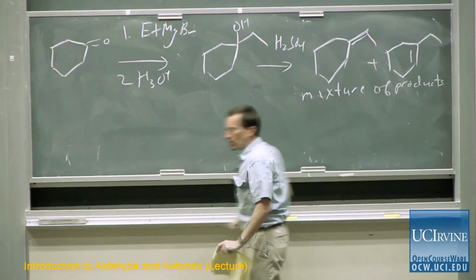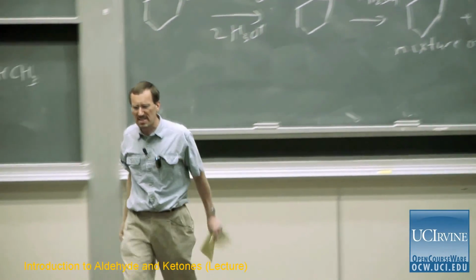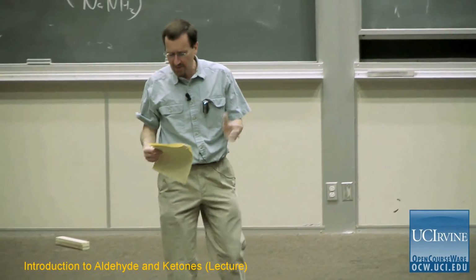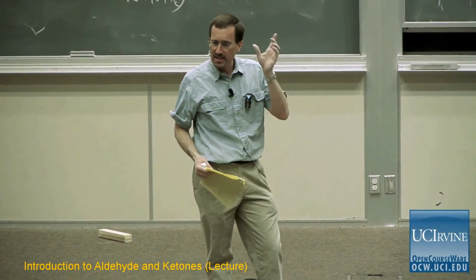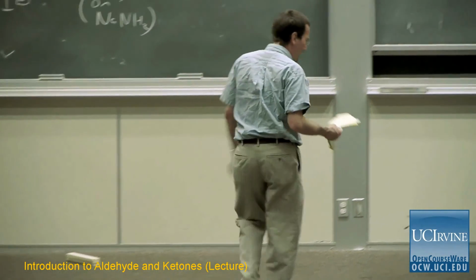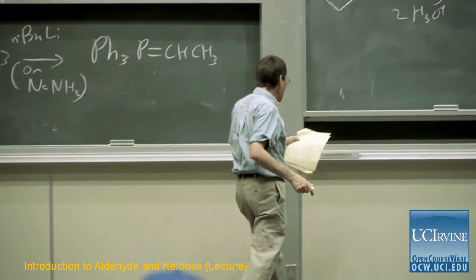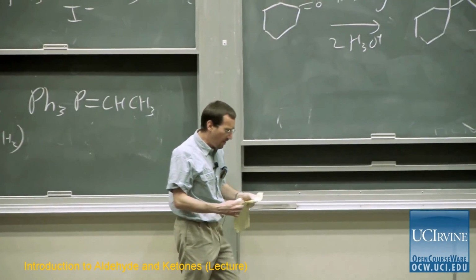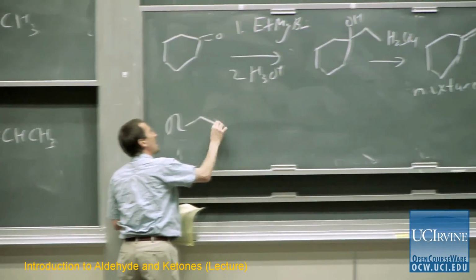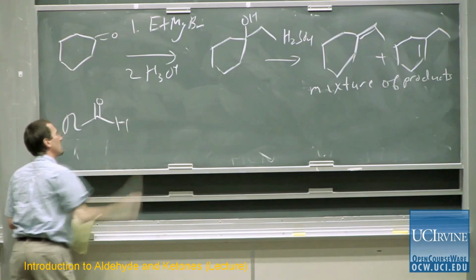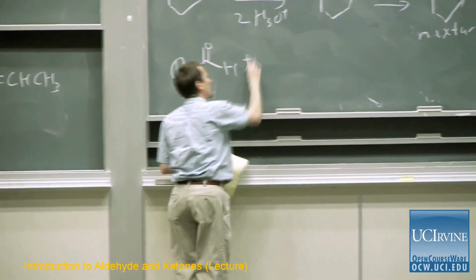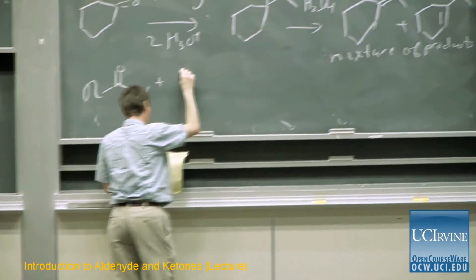And so much of organic chemistry is about synthesis and about control. And the control that the Wittig reaction provides is very, very powerful. Now, as I hinted at before, the other element of control, and it's only partial control, is that under certain conditions and in certain circumstances, you can preferentially get the cis-alkene.